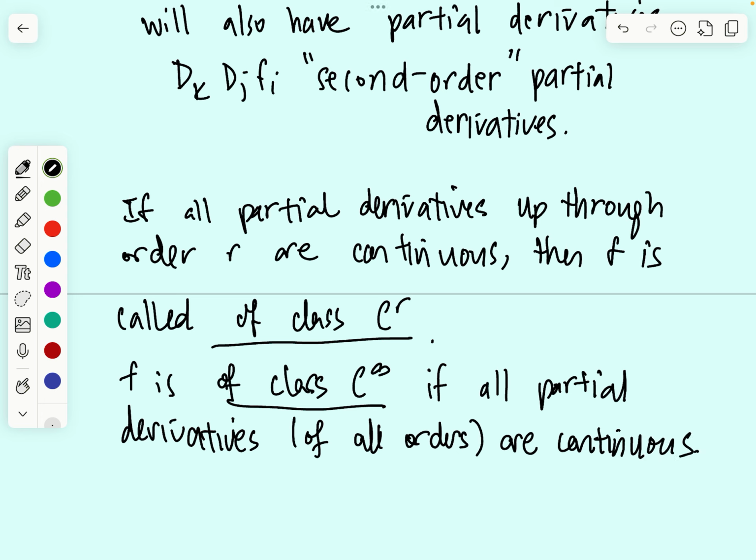And in this series of videos, we're basically going to only work with C infinity functions. But most of the theorems will not require that all the partial derivatives be continuous, right?